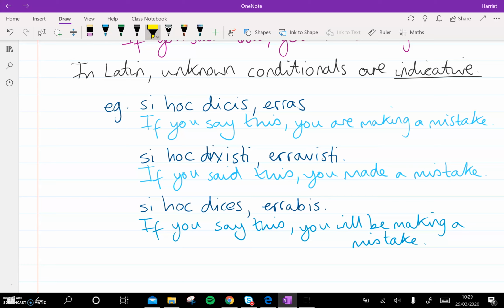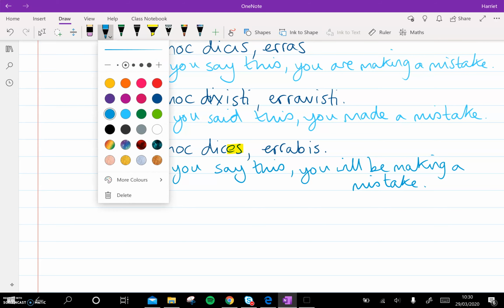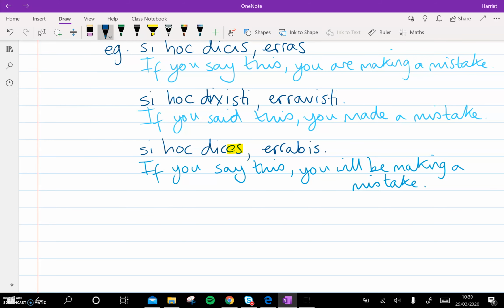Just to add a little bit more complication to that. So this bit here is future, but if it has to be that the conditional part of the sentence, the protasis, happens before the result, if that has to be the case, then instead of this being the future tense, it has to be future perfect, just to show that it's happened before the result, before the apodosis.